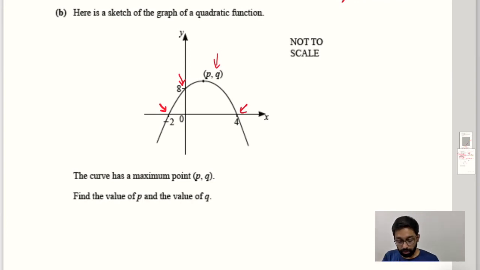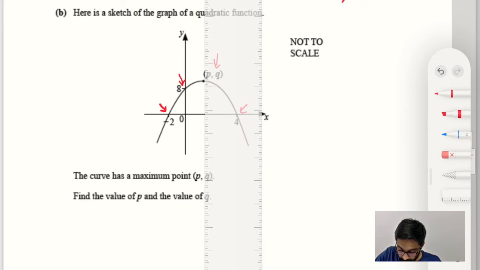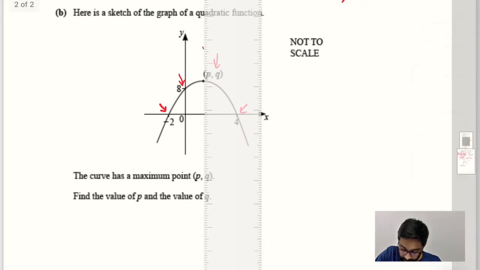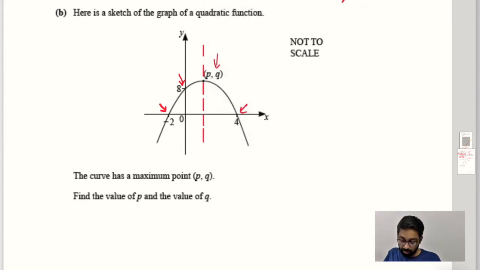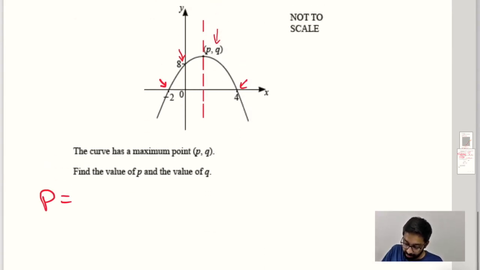Now, if you look at this curve, P and Q is supposed to be exactly in the middle of this graph. That means if I draw a dotted line that stretches from the top and goes like this, the value of P should be between -2 and +4, exactly between them.